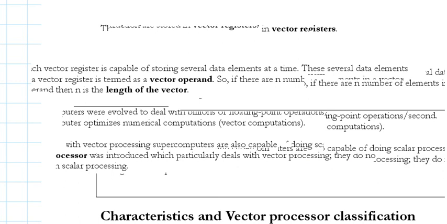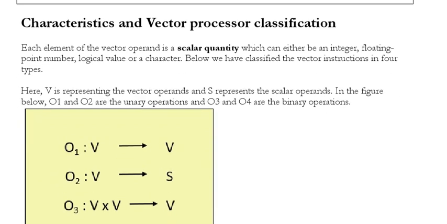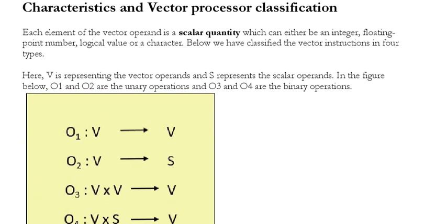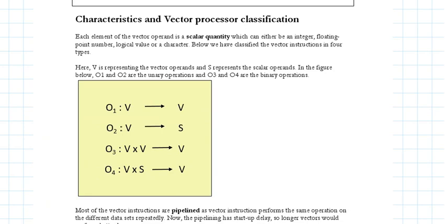Now, this was some technical details about vector processors. Now, what kind of computation can be performed with vector processors? And depending on that, you can classify the vector processors.